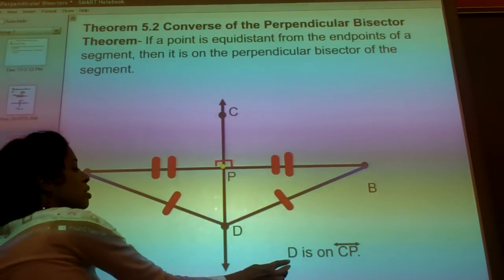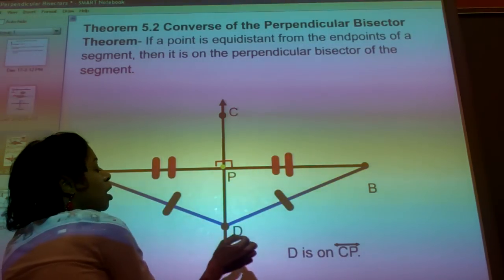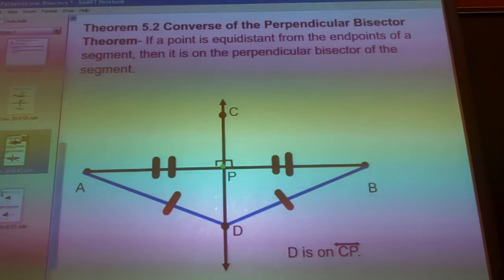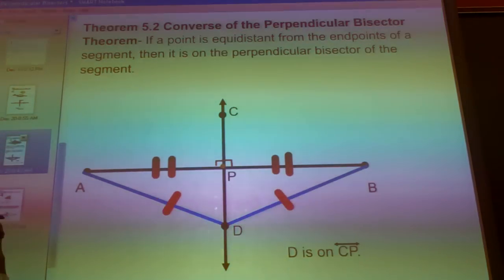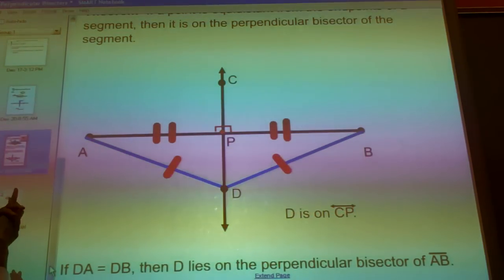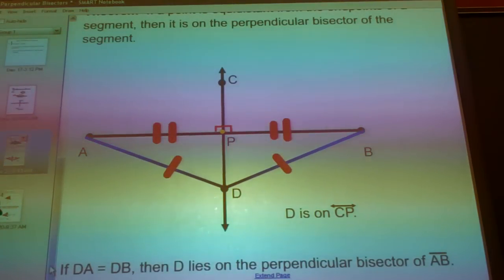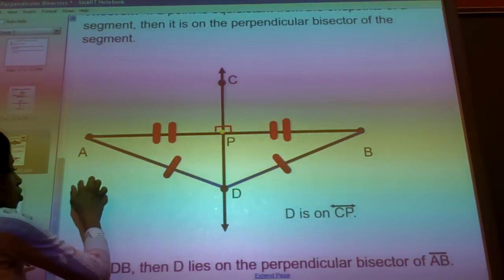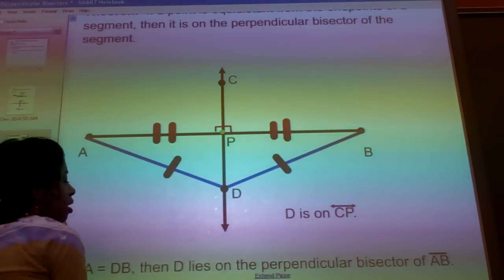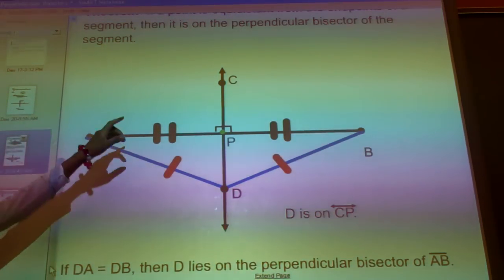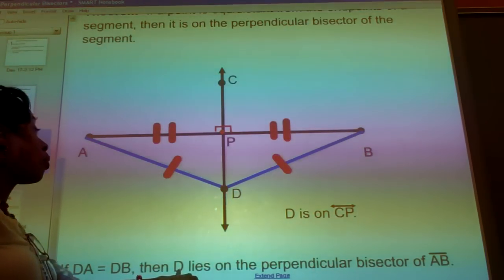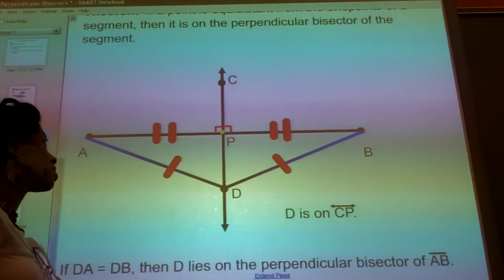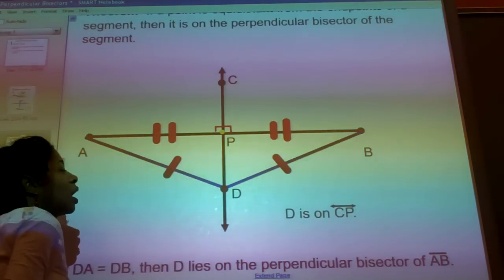And that also means that D is on line CP. Last bit of information: if DA is equal to DB, that automatically means point D lies on the perpendicular bisector, just like P and C.